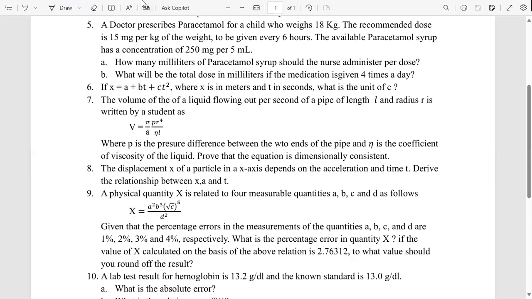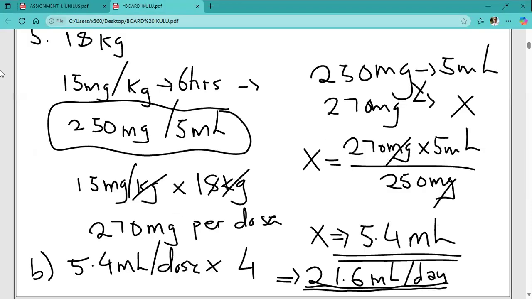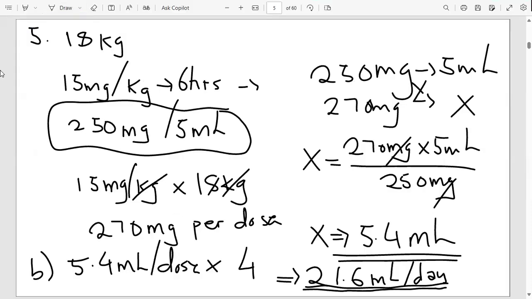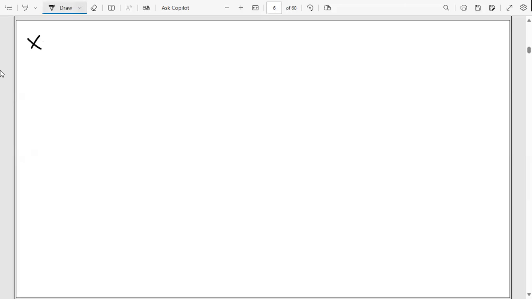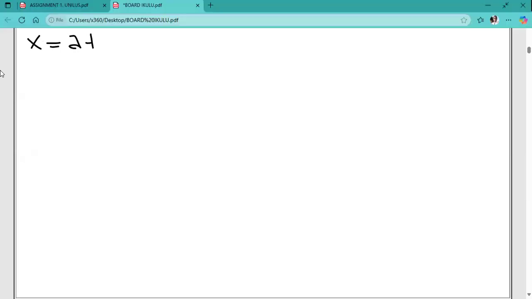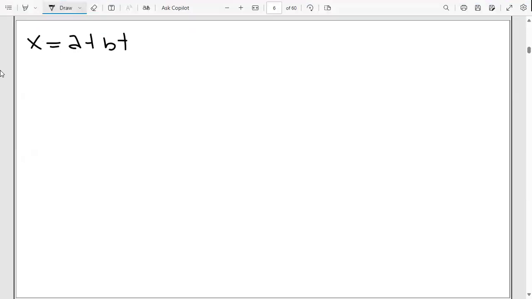So this is question 6, and we've been given that x is equal to a plus bt plus ct squared. And they've told us that x is in meters, and t is in seconds, s.